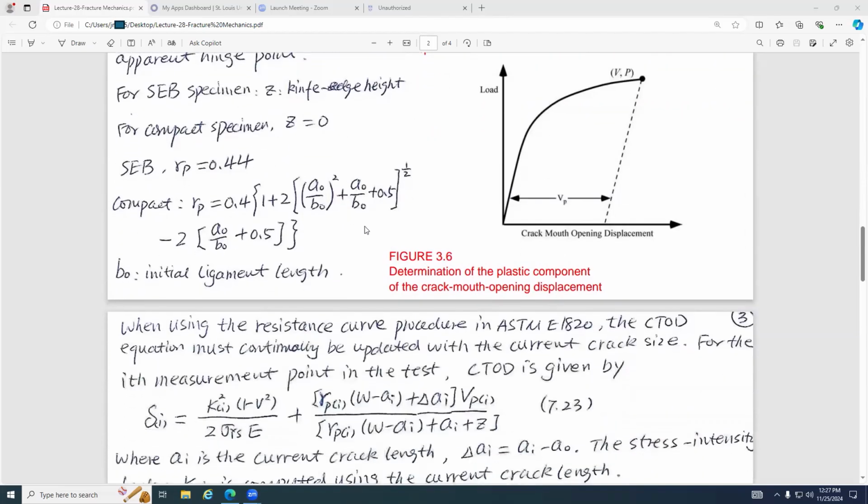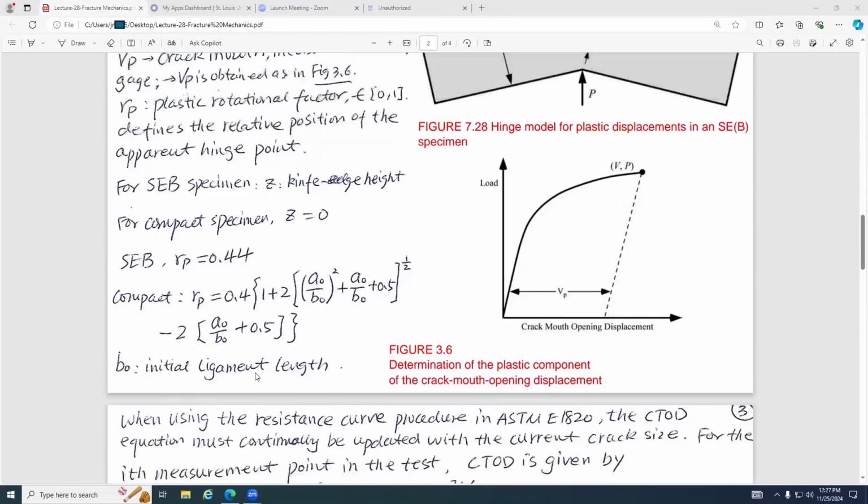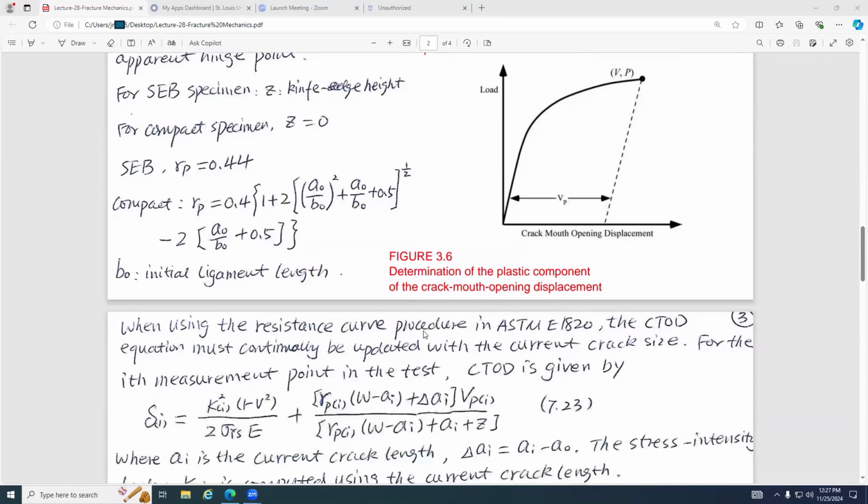Up to now we have talked about monotonically loading the specimen and calculating the delta. However, if we use the resistance curve procedure, we need to monitor the crack length continuously. If you use this procedure, the CTOD equation must continuously be updated with the current crack size at each measurement point in the test.